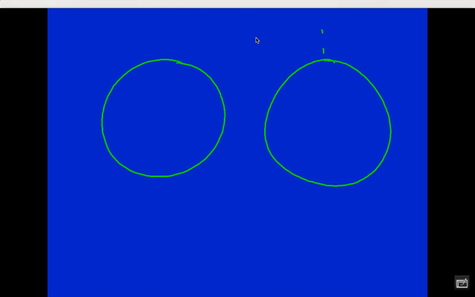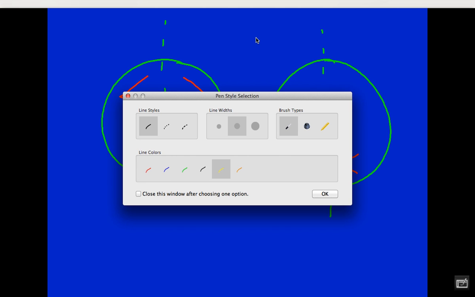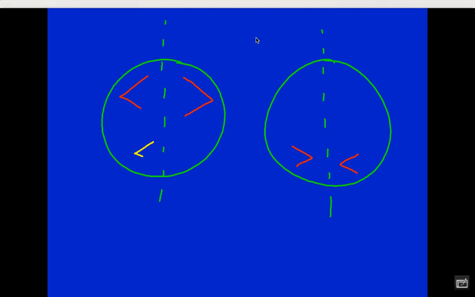So this is what it's going to look like. We have our cells with our equators. We have half and half, and a little half and a little half, and then we have half and half, big half, big half.